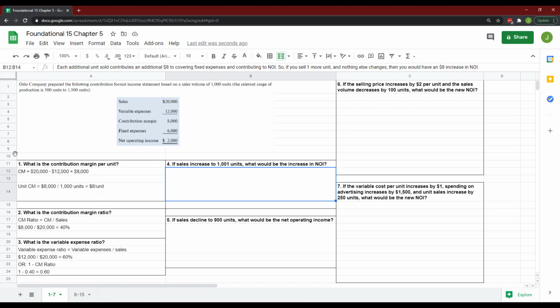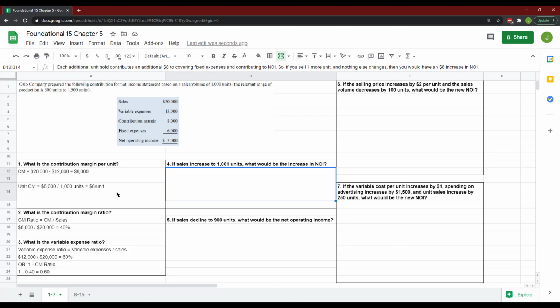So what did we say about the CM per unit, or the unit CM? We said that's how many dollars each unit that we sell contributes not only to covering your fixed expenses, but also to that net operating income. It's essentially the $8 per unit. For every unit we sell, we have $8 more of contribution margin. And what's the contribution margin?